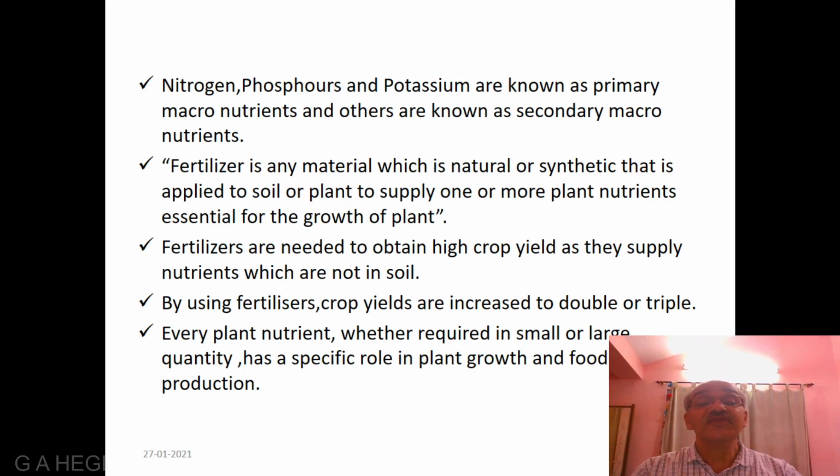Nitrogen, phosphorus, and potassium are known as primary macronutrients and others are known as secondary macronutrients.